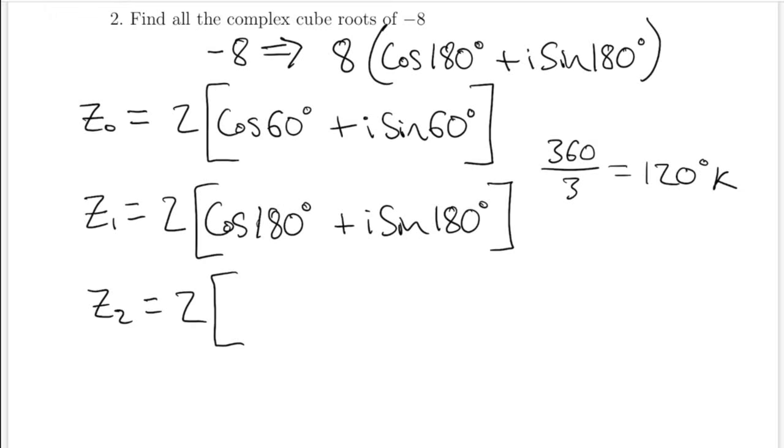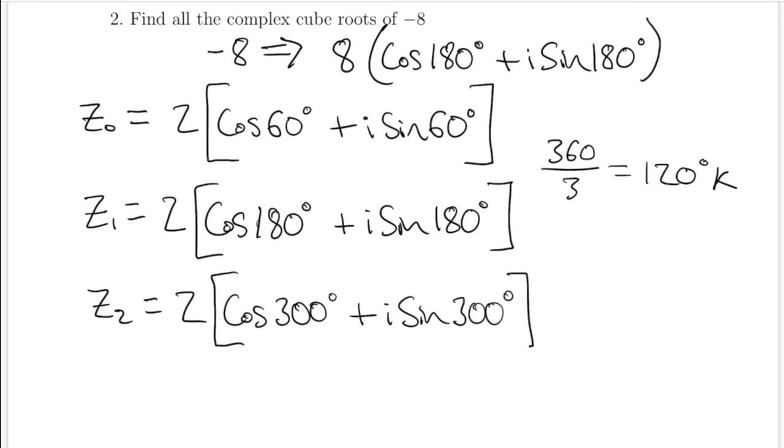The only thing that changes is my angle, so I can just write this as 180 plus 120, so 300 degrees. And it saves you a little time. And so this is how I usually do it: off to the side I just write out whatever my 360 over n is, and it really just depends on what kind of root you're finding. And then that's the angle that I add each time to get to each next root.